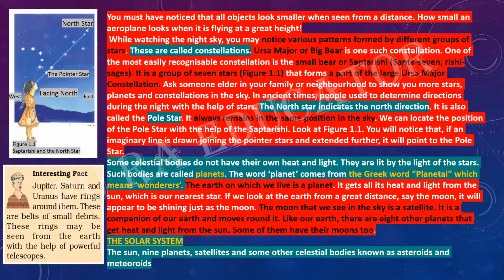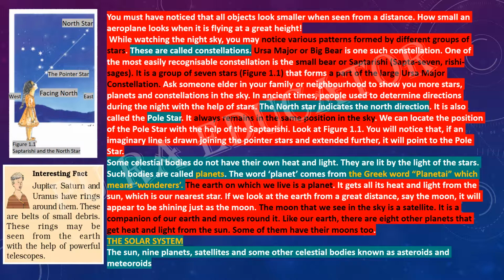The moon that we see in the sky is a satellite. Satellite means the companion. Moon is the companion of the earth. It revolves around the earth. In the same way as the earth revolves around the sun, the satellites revolve around the planets.